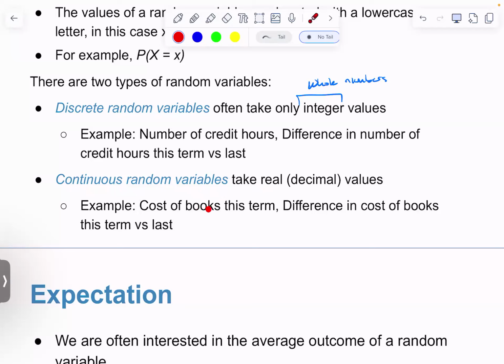For example, the cost of books. We've got some decimals in there. The difference in the cost of the books this term versus last. So today we're going to focus mostly on discrete random variables.